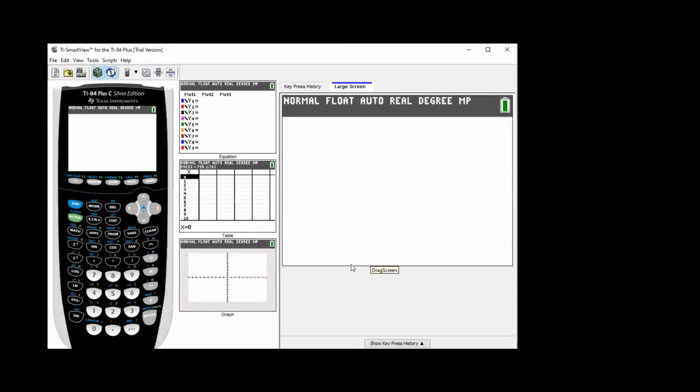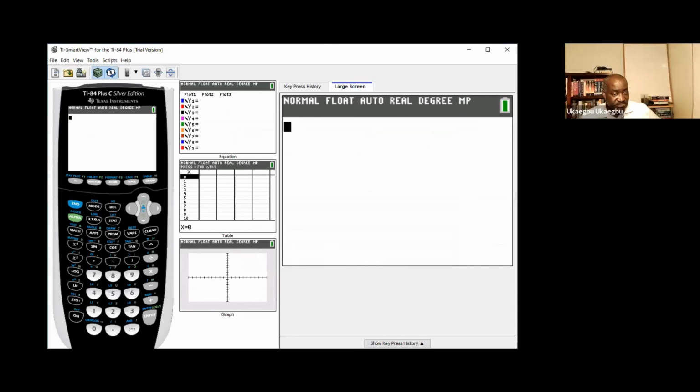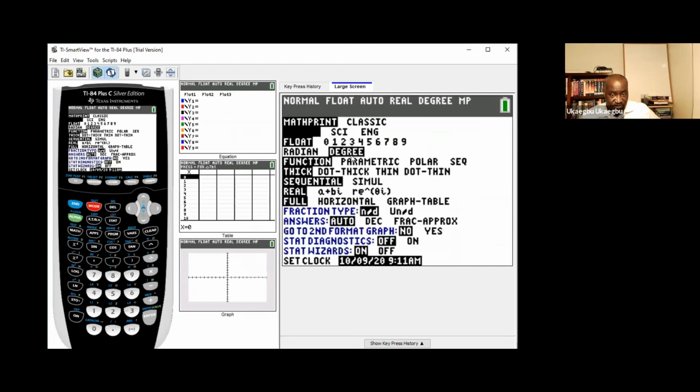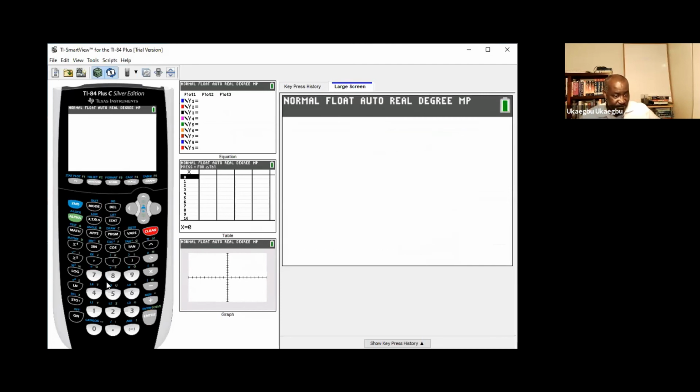75 degrees. Okay, so I am going to do sine 75 degrees. Remember, I'm working in degrees. Make sure you are working in degrees. This is already selected to be in degrees. So let me repeat: sine 75 degrees, hit enter.